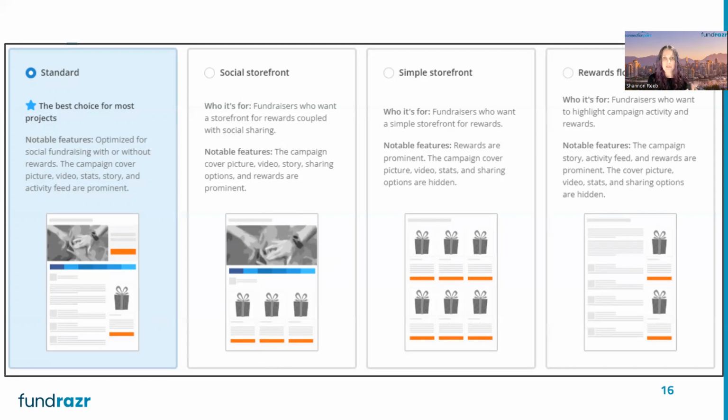So they might need a bit of a visual and a story. Simple storefront doesn't have a picture or a story. It's pretty literally just a storefront. So it's more helpful if you're attaching this to a website, and then it just seems like you've opened a storefront directly from your website. You don't have to choose one or the other. You can choose whichever you wish, and you can actually change the layout no matter what, even if the campaign is running. So don't worry about getting the perfect layout right away.